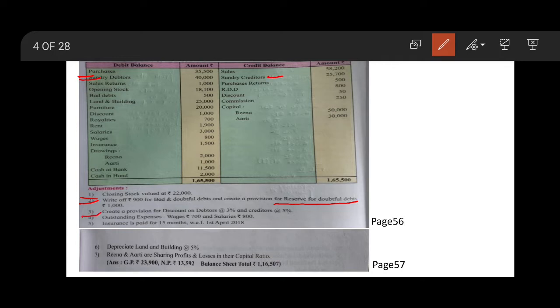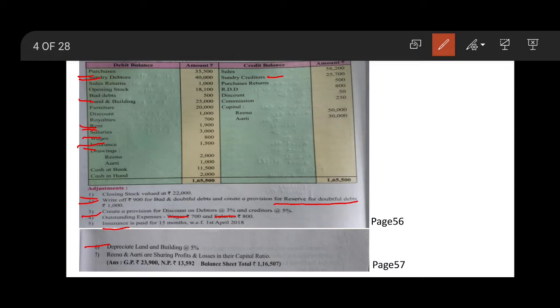Next, the fourth one, outstanding expenses, wages and salaries. So mark wages here and salaries here. Then insurance. Insurance is just below the wages, so mark the insurance here. The sixth one is regarding depreciation on land and building, so mark land and building here.